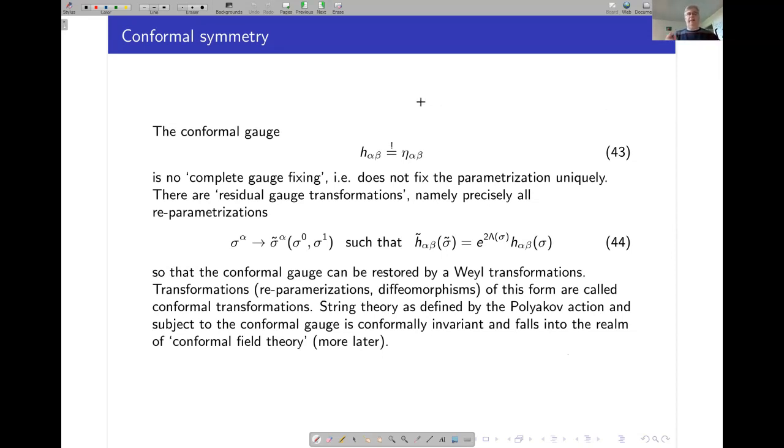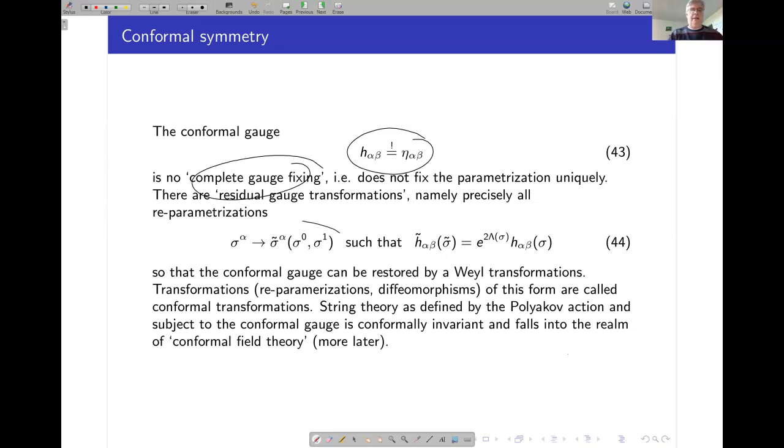Good. Maybe we will come back to this anyway in the next lecture, but let me stress the following. The conformal gauge is to say that the metric is the two-dimensional Minkowski metric. But this is not a complete gauge fixing for the following reason.